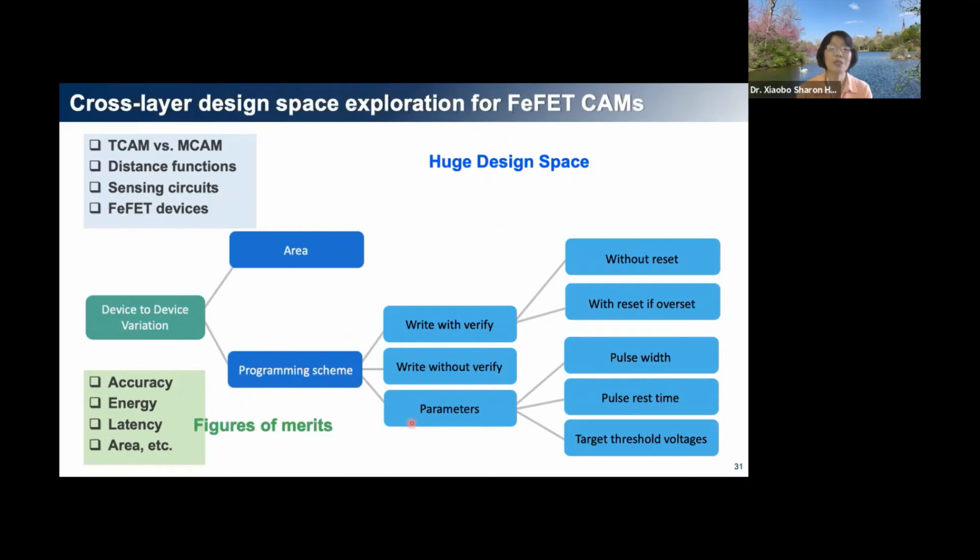Even within the FeFETs, for example, in order to overcome device-to-device variations, we have to look at the device areas, how to program, and so forth. I don't need to go into the details, but I'm showing you the design space is huge, and cross-layer design is really important in this type of practice.